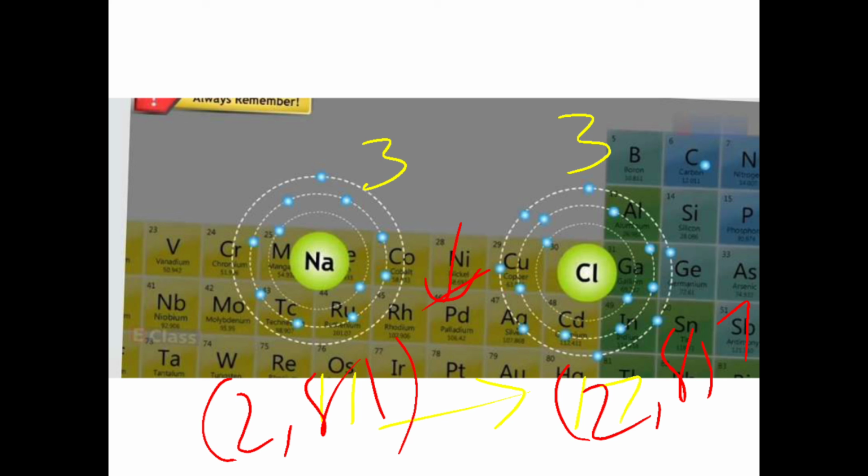The effect is nuclear charge goes on increasing. So as a result of this, the tendency of an atom to lose a valence electron, what will happen? It will decrease, right? See, sodium is ready to give the electron fast. But what about chlorine?